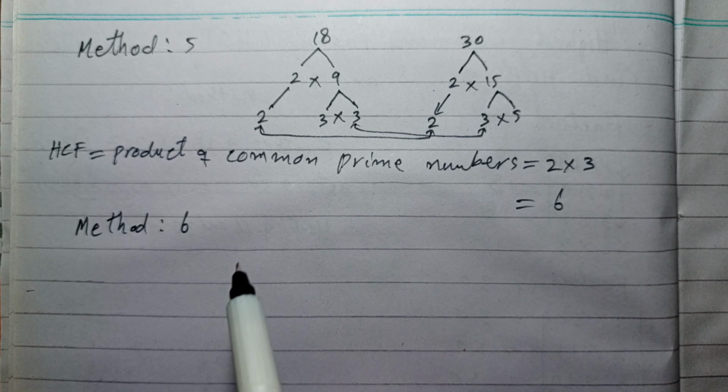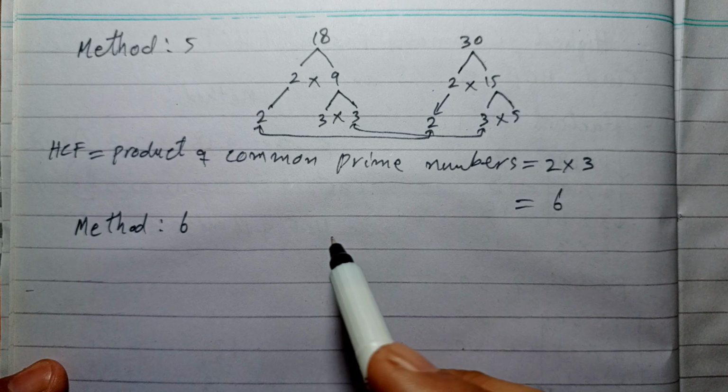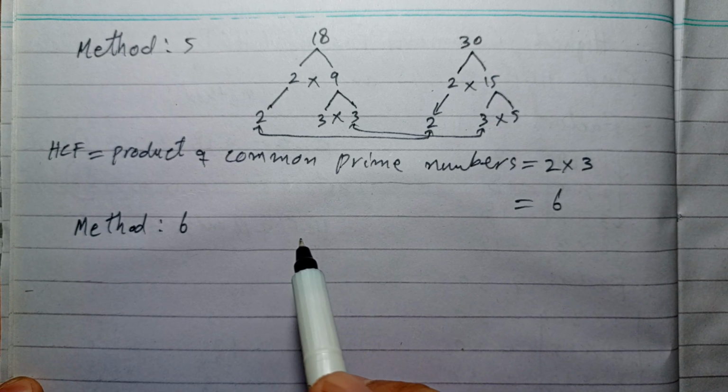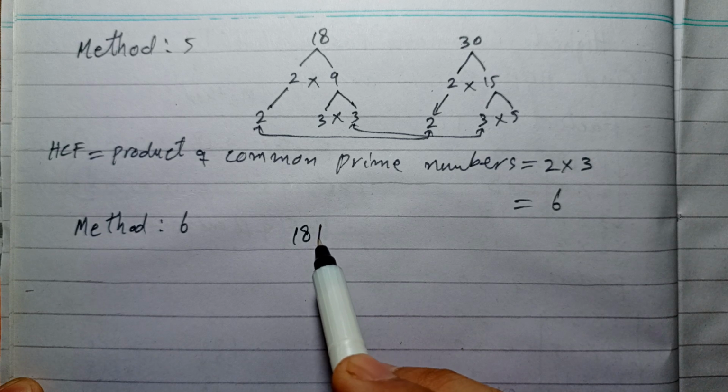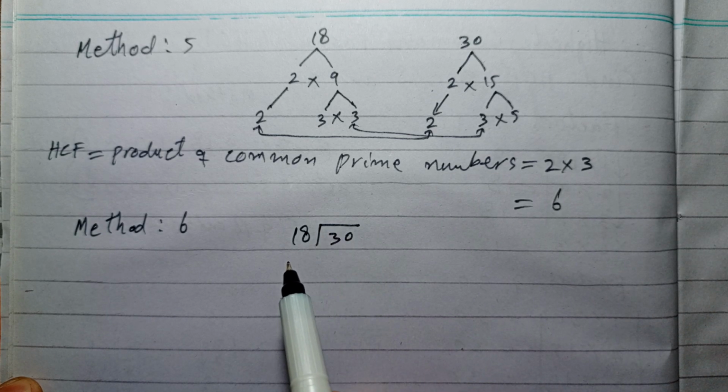There is also a 6th method to find the HCF of any 2 numbers, 3 or 4 numbers. For this purpose, you will take 18 here and 30 here. You will divide 30 by 18 first.